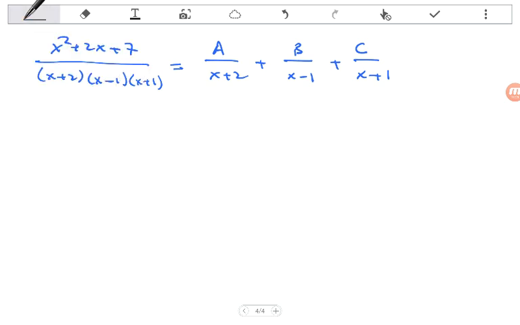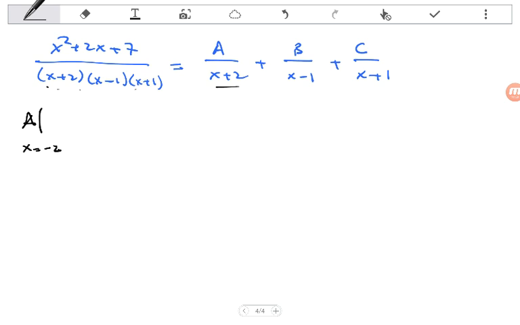Okay, what is the method of covering? Method of covering tells me that if I had linear brackets, so the constants of each of these linear brackets can be found by I substitute x is equal to minus 2.